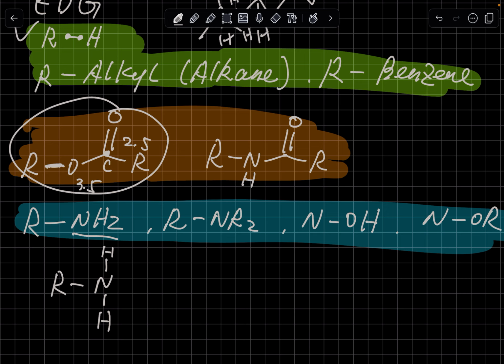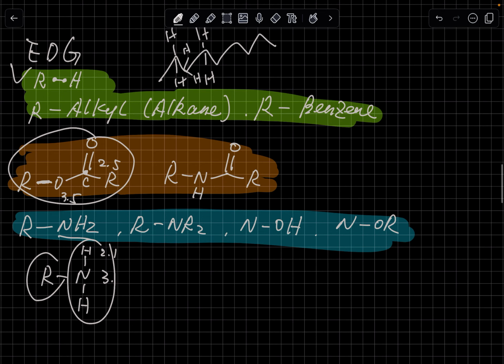Nitrogen is 3.0, and the electronegativity value for hydrogen is just 2.1. So nitrogen is satisfied in terms of its relationship with hydrogen, so it would donate some electron density to the R group. So for the R group, this NH2 is an electron donating group. I hope it's clicking.